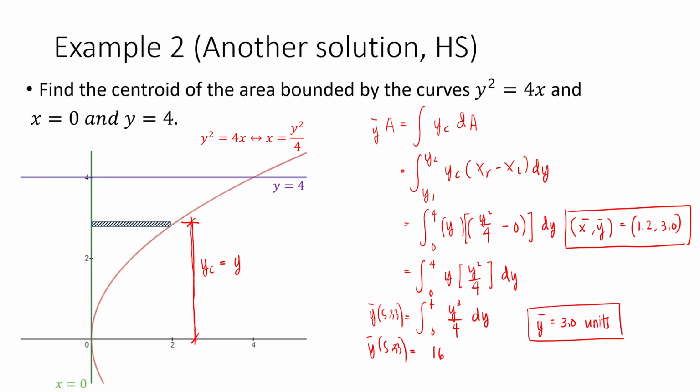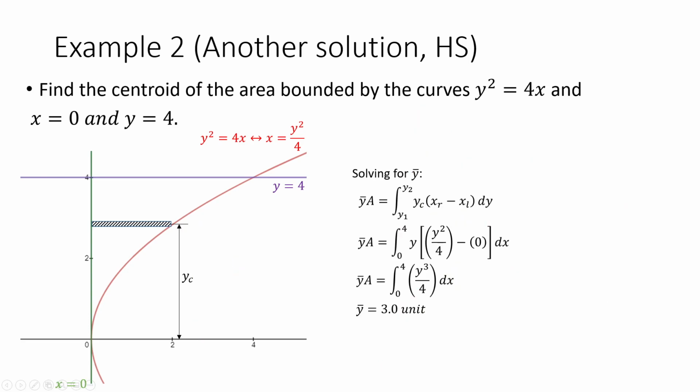Round up to the first decimal, tenths? Or hundredths, depending, as long as it's consistent. Okay, so this is the solution. So again, you can now compare that. One strip is better.